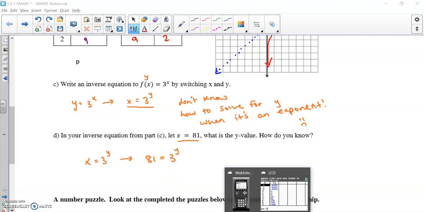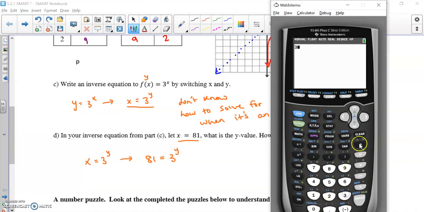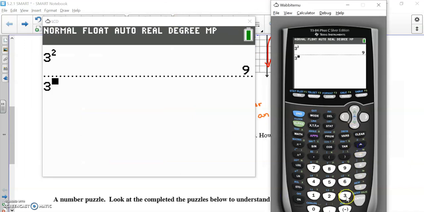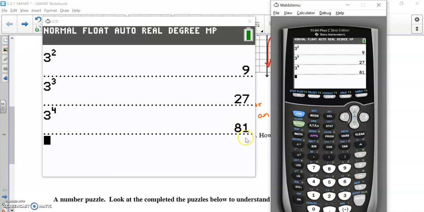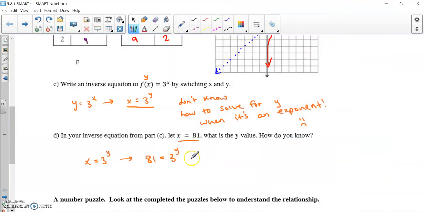We can play around with our calculator and see if we can figure out 3 to the what power equals 81. 3 to the second power is 9, much too small. 3 to the third power is still too small. 3 to the fourth power gives us 81. So the y value here is 4 because 3 to the fourth power equals 81. And that's what I wanted: 3 to the what equals 81.